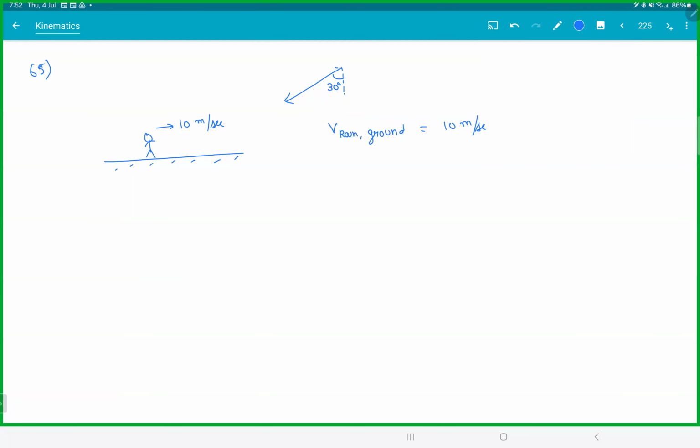So the simple question: at what angle with respect to vertical does the man see the rain?